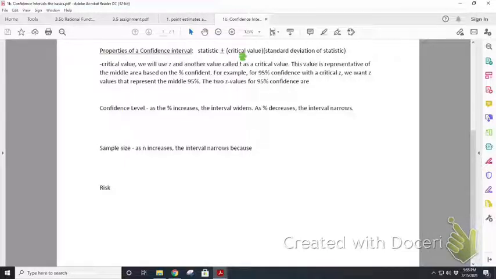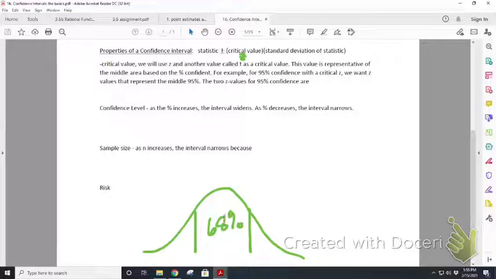So if I have a bell curve, then remember within one standard deviation I have 68%, and within two standard deviations I have roughly 95%. That's what we're talking about right there. We're going to reference that z-score right there when we are 95% confident.